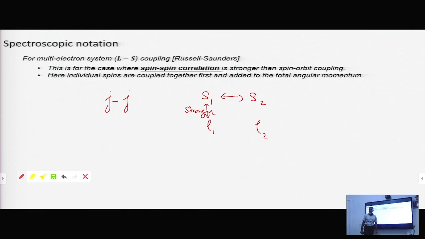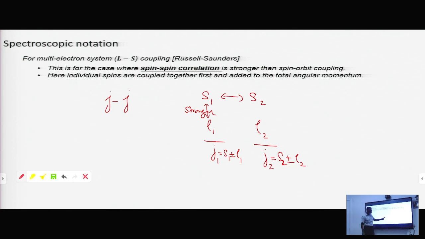So when you have spin-orbit coupling stronger than spin-spin correlation, then you use JJ coupling. How do you do that? For the first electron we find j1, for the second electron j2, and so on. That is, j1 is S1 plus or minus L1, and j2 is S2 plus or minus L2.